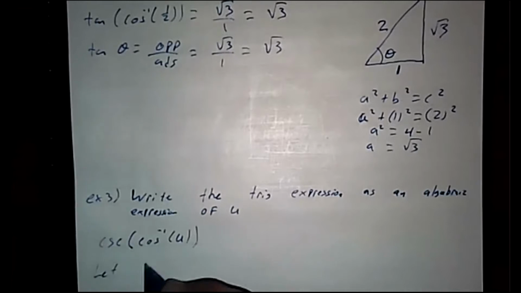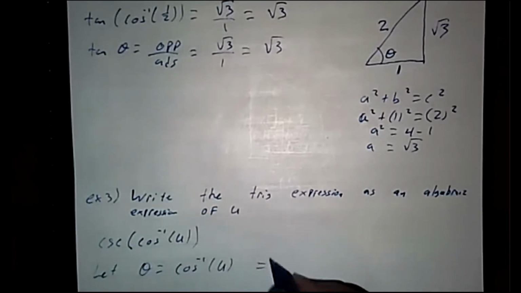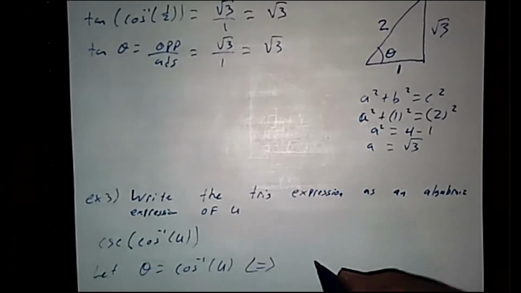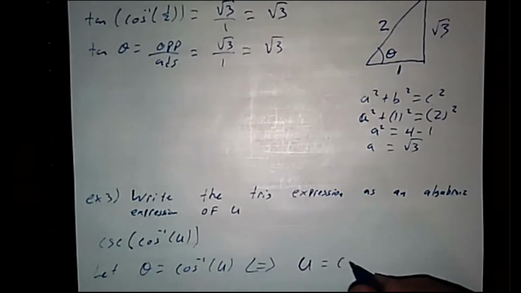So let theta equal cosine inverse of u. The definition says that u would be equal to cosine of theta.